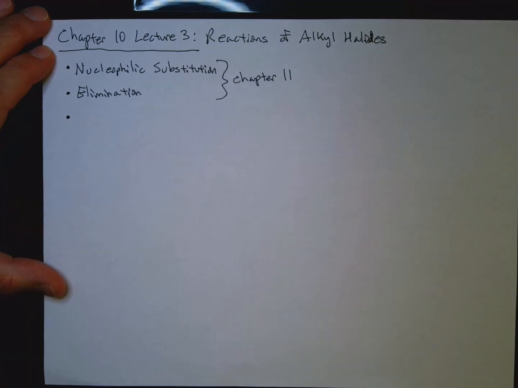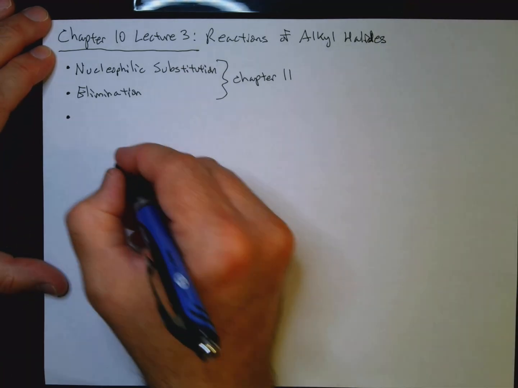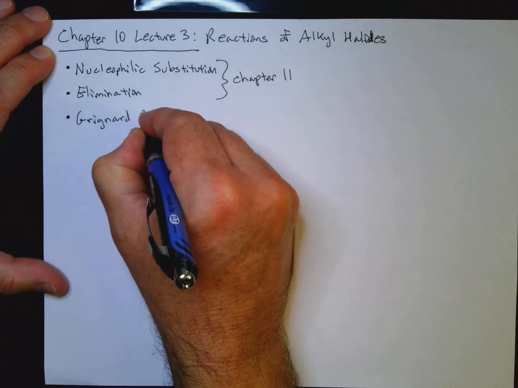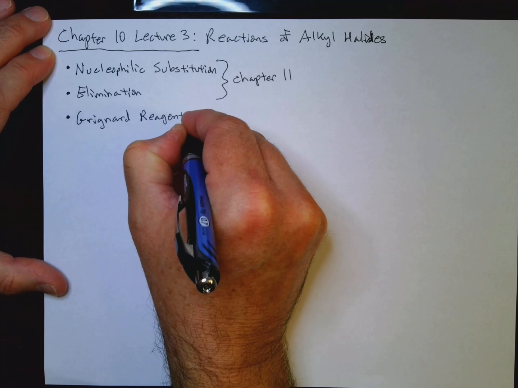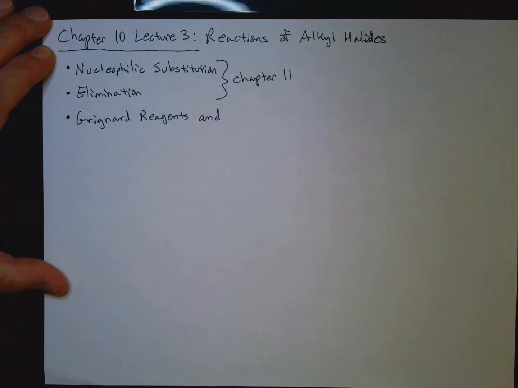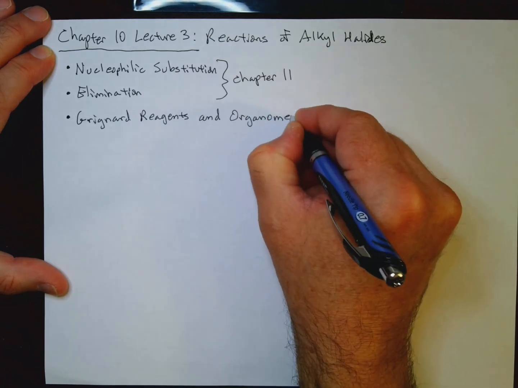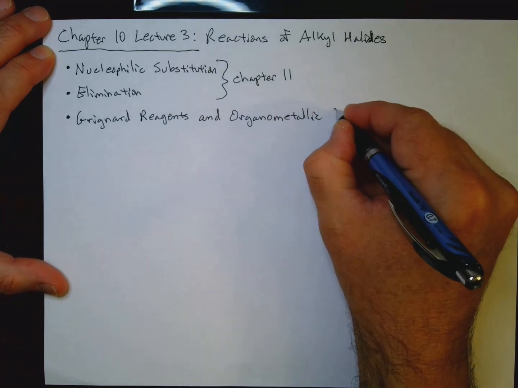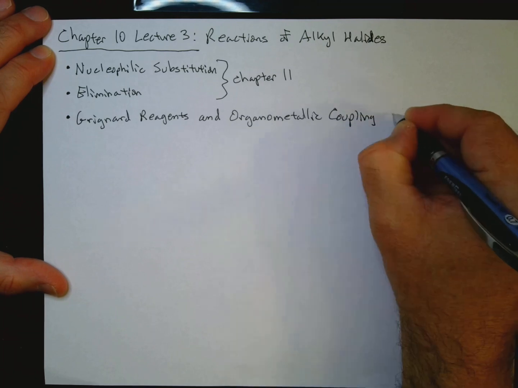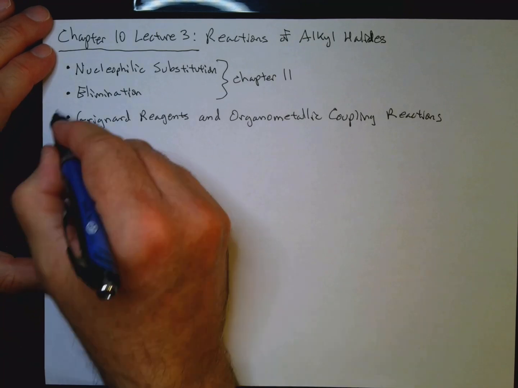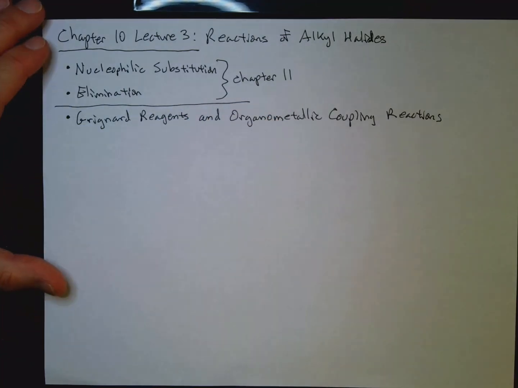But what I am going to talk about is Grignard reagents, and what does the text call it? Organometallic coupling reactions. All right, so let's take a look at those.